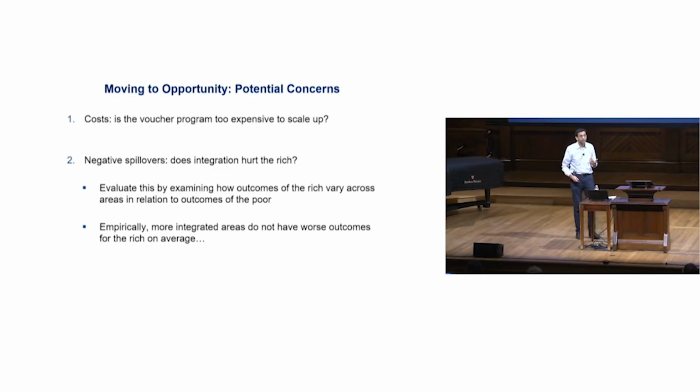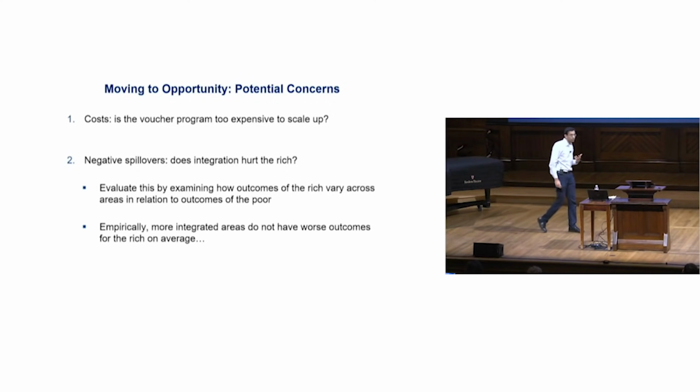Okay, second common concern. This actually, I think, is the most important concern from a political point of view. So when you think about moving to opportunity, what are you doing? You're basically integrating communities. You're helping low-income people access neighborhoods where typically you have a larger high-income population.